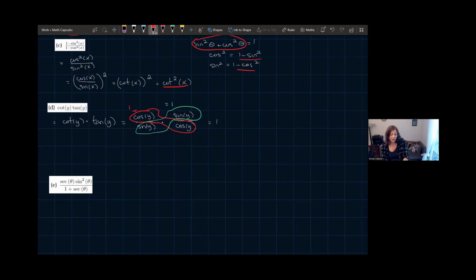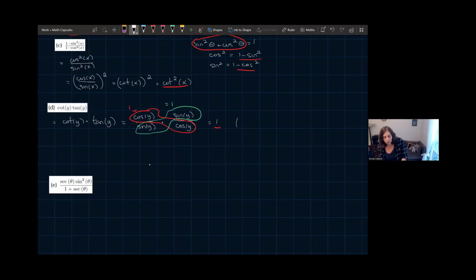But remember, there's a catch, right? So if I take any angle y and I multiply cotan of that angle times tan of that angle, this is claiming that it's going to give me 1. Well, that's true unless it's undefined to begin with. So it's not true if this was giving me a division by 0. Then I can't cancel out.